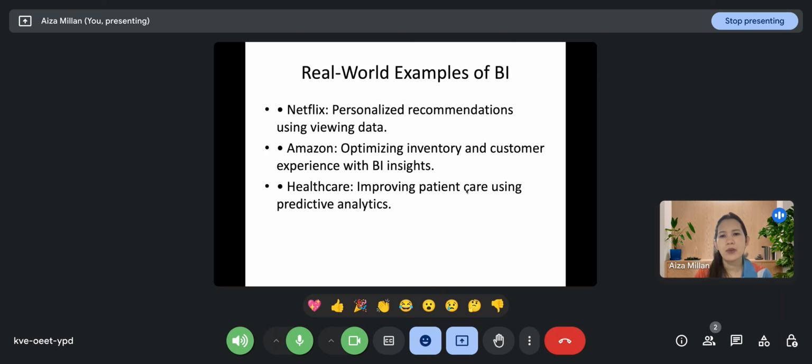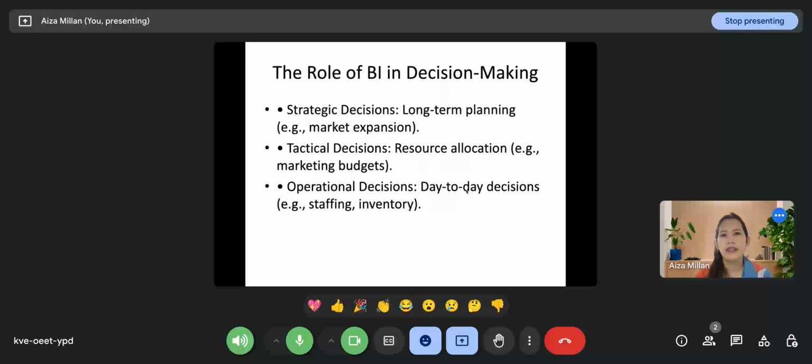Now that we understand what BI is, let's discuss its role in decision making. BI supports three types of decisions: strategic decisions, these are long term and high level, like deciding to expand into a new market.